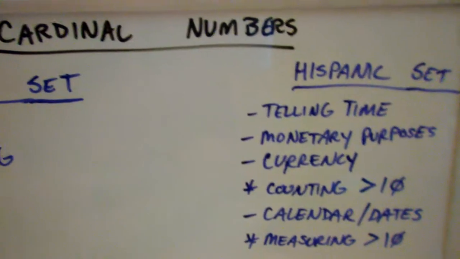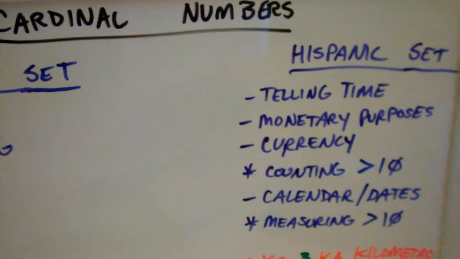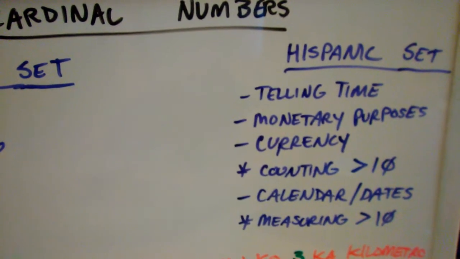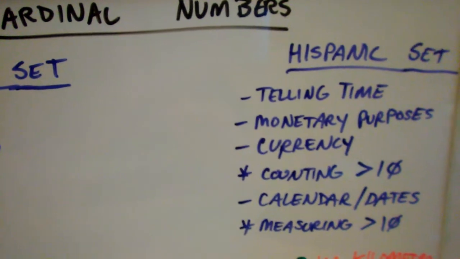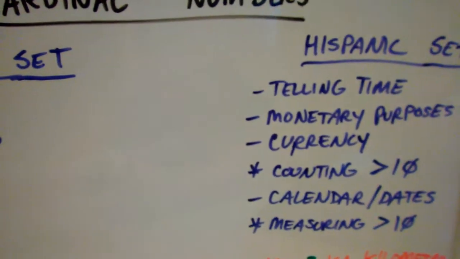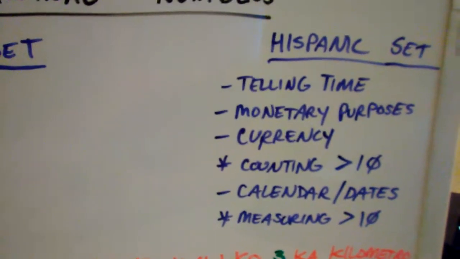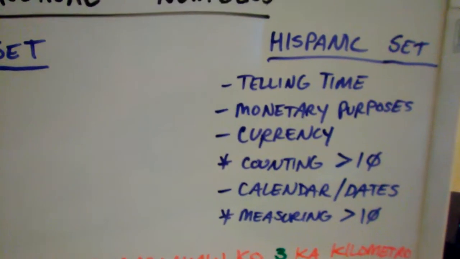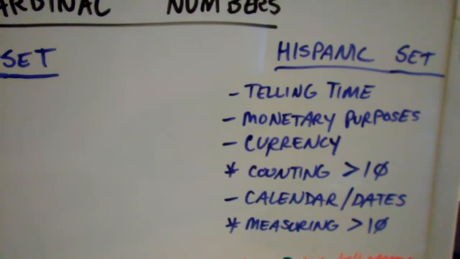Generally, we use the Hispanic set for telling time, monetary purposes and transactions, currency, counting quantities that are greater than 10, calendars and dates, and measuring quantities greater than 10, and pretty much concepts that have been brought to the Cebuano speaking lands from the Spaniards, right?